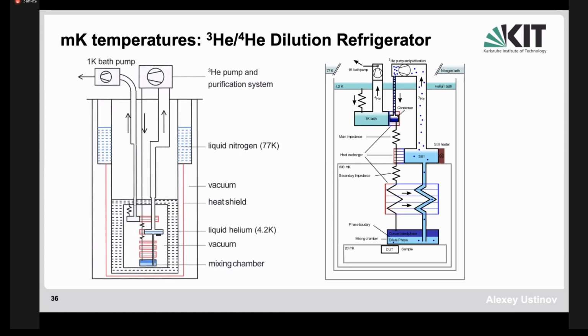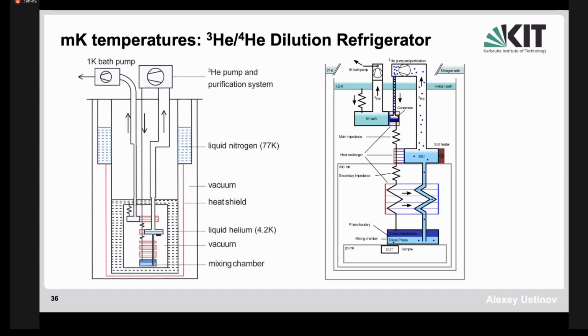However, if you make a mixture of helium-3 and helium-4, typically about 10 to 15% of helium-3 in helium-4, then one can use the so-called dilution principle. The idea is that you condense this mixture in the so-called mixing chamber. The liquid of this mixture naturally forms two phases.